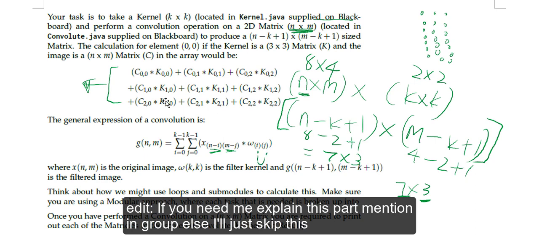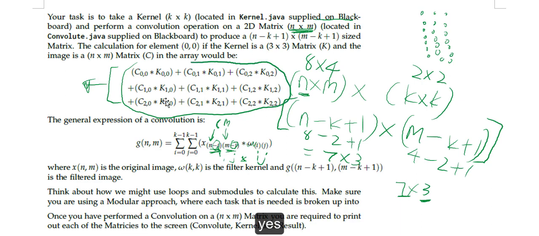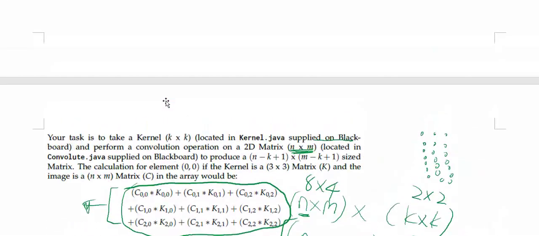I absolutely don't understand. Okay, let's break this down. What does omega mean? I have no idea, but the main thing you need to look at is this formula. If you know this formula, you can write your algorithm already. I seriously don't understand what omega means, but I can show you how to multiply this.